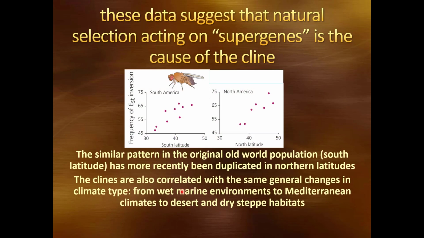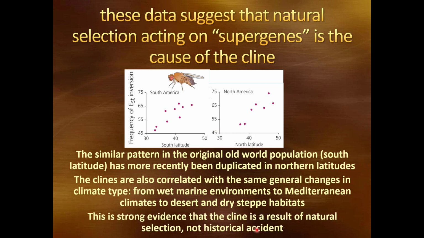One of the things that we see is that this cline is also correlated with gradual changes in the climate from a kind of a wet marine environment to more Mediterranean climates to more desert and drier habitats. And so we're seeing, as we see this change in the fruit fly population and this inversion, we're also seeing that there's that climate change going along with it.